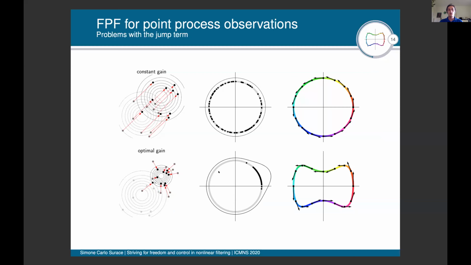If you have a hidden state on a circle and you have a bunch of particles here, if you make an observation, the particles should actually cluster in a certain region of the state space, such as here. And this doesn't occur with a translation. For example, on a circle this would be a uniform rotation, which doesn't accomplish what you want to do.